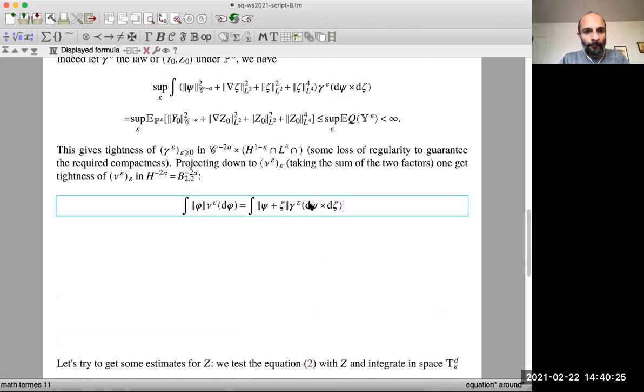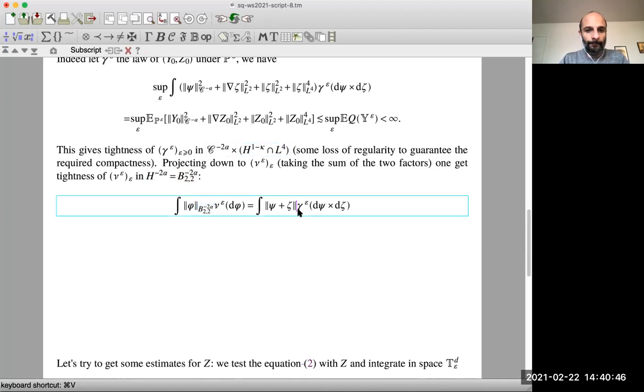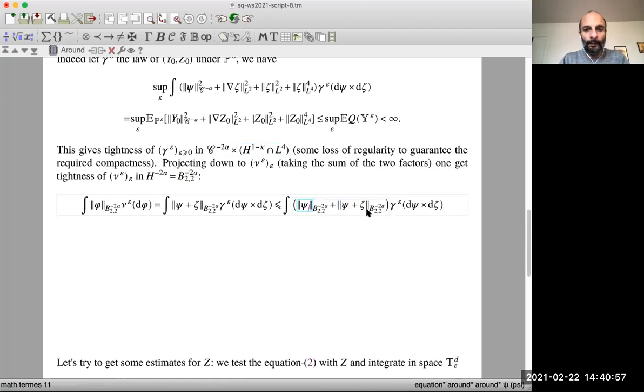And now you see one of the two is not very regular, but very much integrable. The other one is regular, but not very integrable. Okay, you have L4 or L2. You could opt for L4, but let's say I keep it easy, and I estimate this in this space. And then, of course, you can say this is smaller than the sum of the norms. You just estimate one and the other.